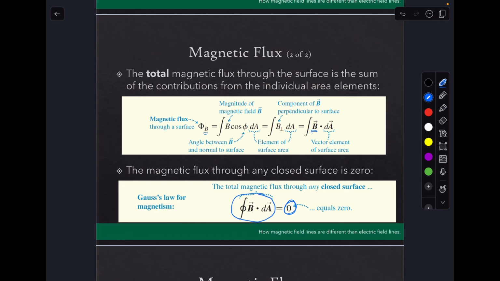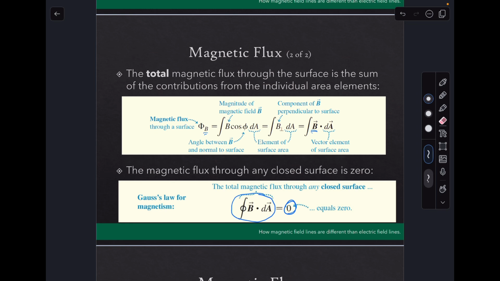And why is that? Well, I'll tell you why. Remember, magnetic objects always have a north and a south pole. So if we extend the analogy, where the north pole is positive charge, then the south pole is negative charge. If you place a magnetic object inside of a closed surface, you basically have those charges canceling and therefore no charge enclosed.